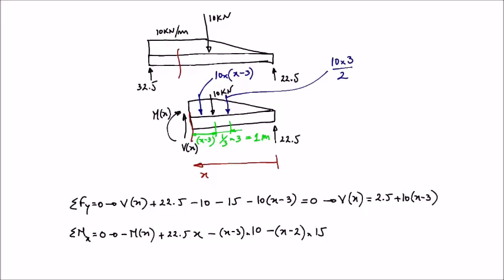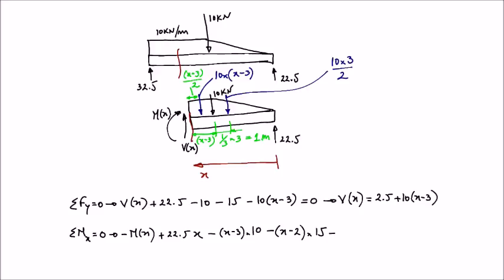For that we need this distance from here to here, and this distance is (x minus 3) over 2. The moment will also be negative, it is clockwise.